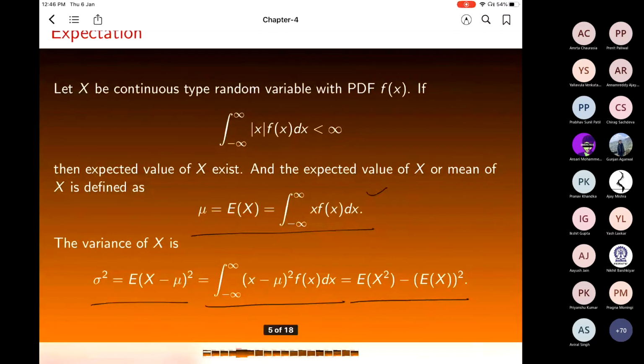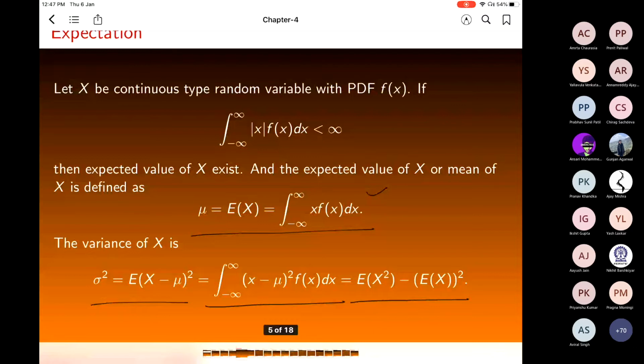So can anyone define how we will define the mean for a mixed type random variable? Sir, for the discrete part we can do the summation, and for the continuous part we can do integration, maybe like that. Yes. So for mixed type, we will have certain points where probabilities are there and a certain range where fx will be there.